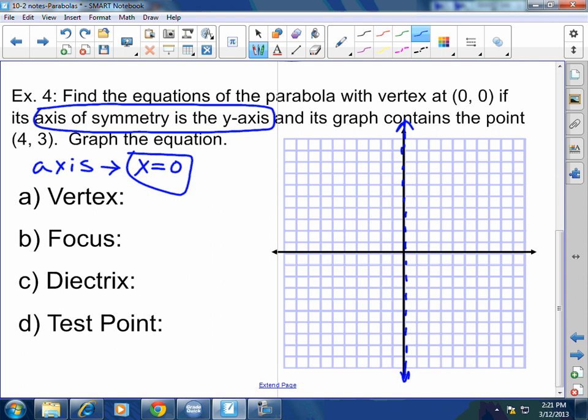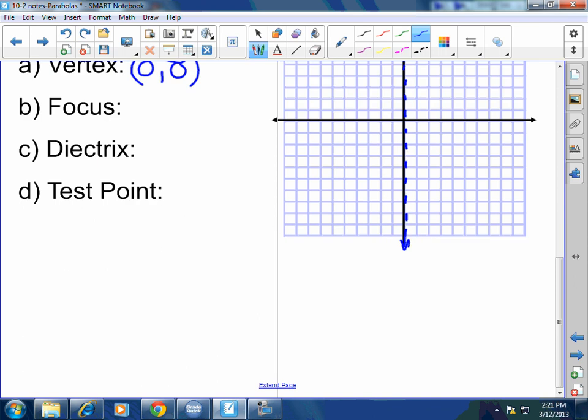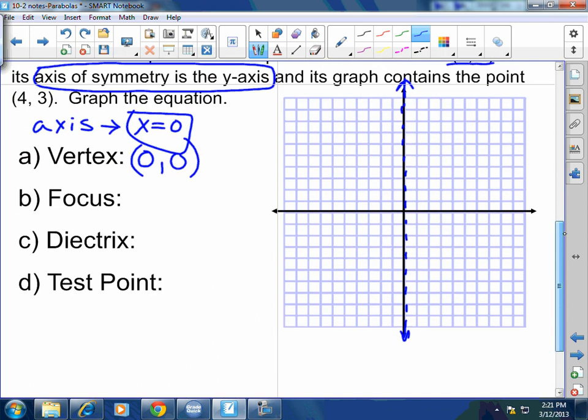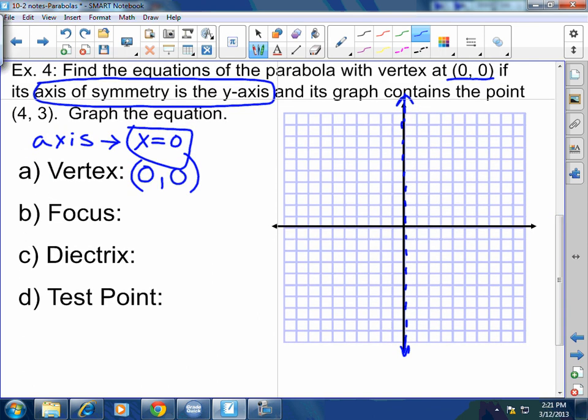So if my axis of symmetry is x equals 0, my vertex is 0, 0. Now, I need to find my focus and my directrix and my latus rectum. Well, this time I am going to have to use some equation stuff. I know that this is going to be an x squared equation. I know that x squared equals 4ay when I have 0, 0 as my vertex.